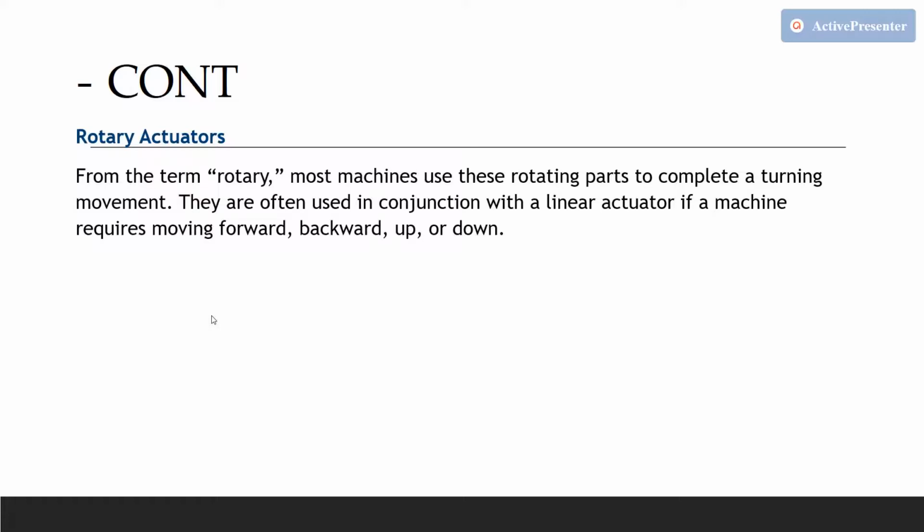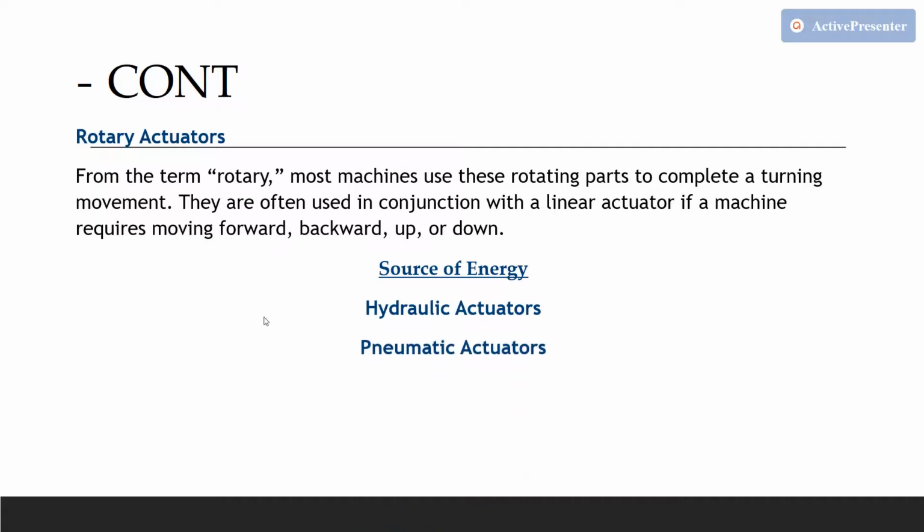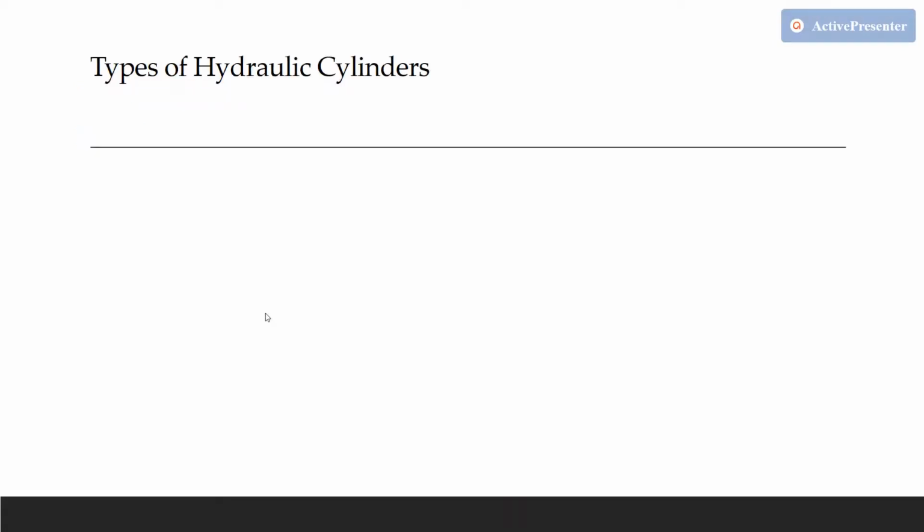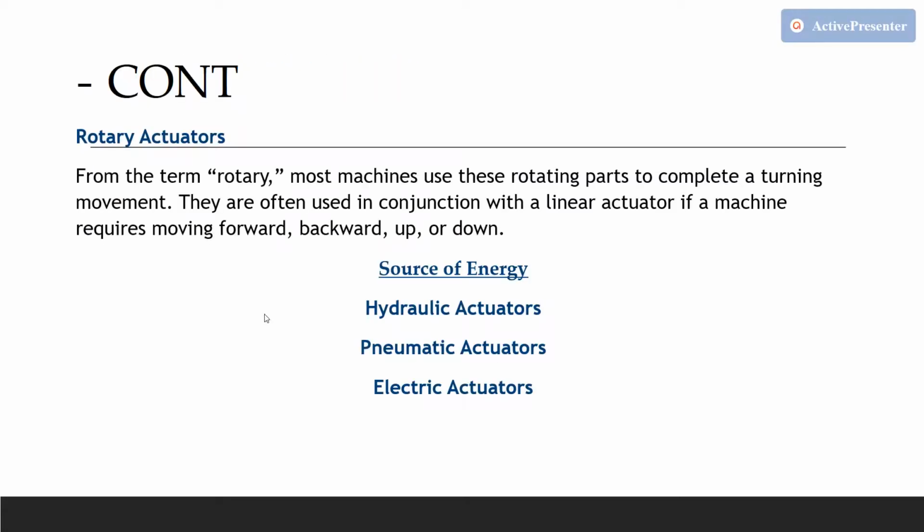Based on the power sources, we classify actuators into two different types: hydraulic actuators and pneumatic actuators. Even we can classify them as mechanical and electrical actuators, based on the source of energy we use. So what actually are hydraulic actuators?